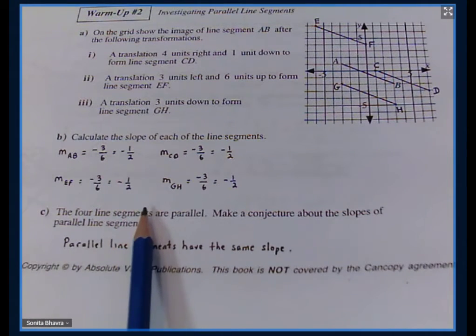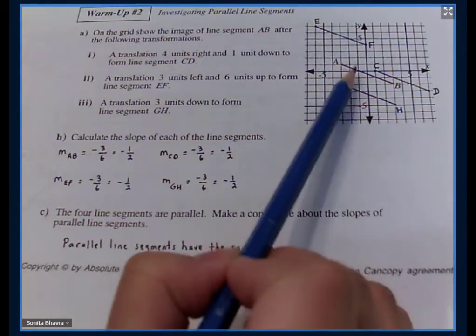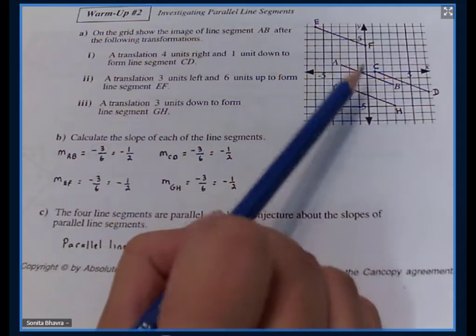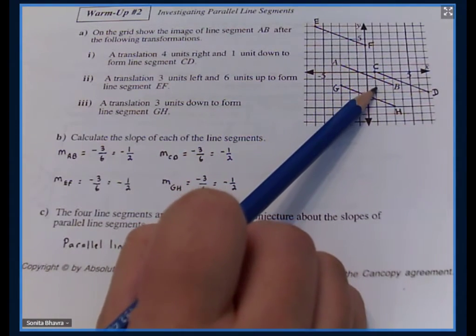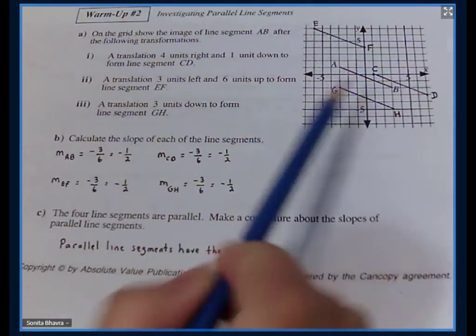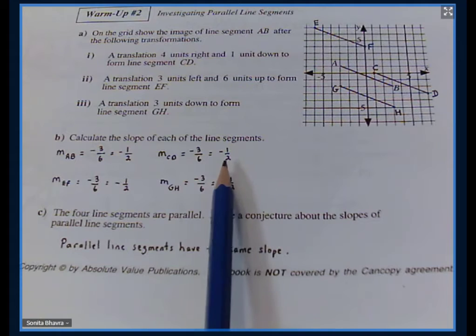Let's look at our next line segment, CD. So again, from C to D, we are going down 1, 2, 3. So -3 and then over 6. And again, that can be reduced to -1/2.